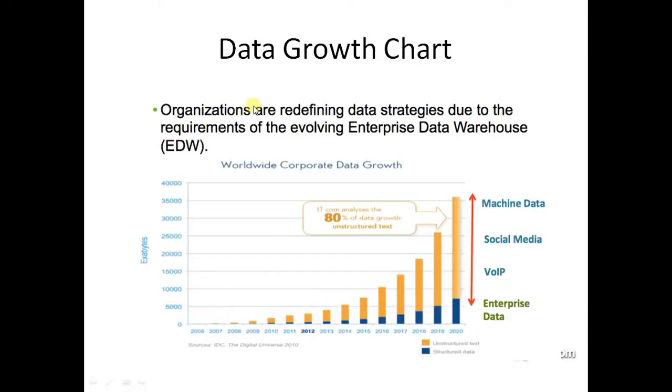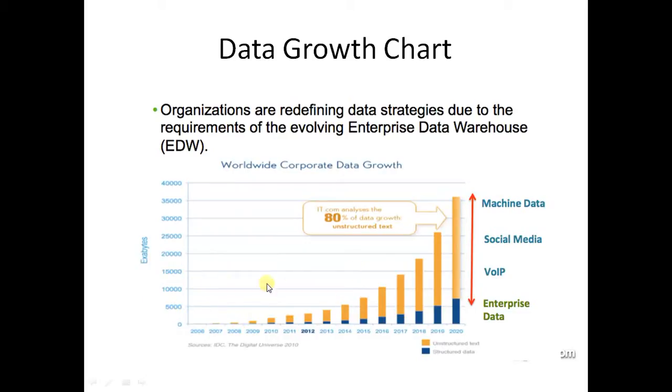If you see the data growth chart, the y-axis represents the unit of data in exabytes, and the x-axis represents the year. Around 2006, 7 or 8, we had very little data, something around 500 to 1000 exabytes.